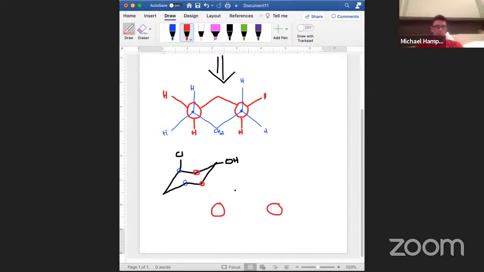Now coming up from them and meeting is a what? Our carbon, right? We have this here that's meeting up there at an angle. And then what's coming off of it? An OH.